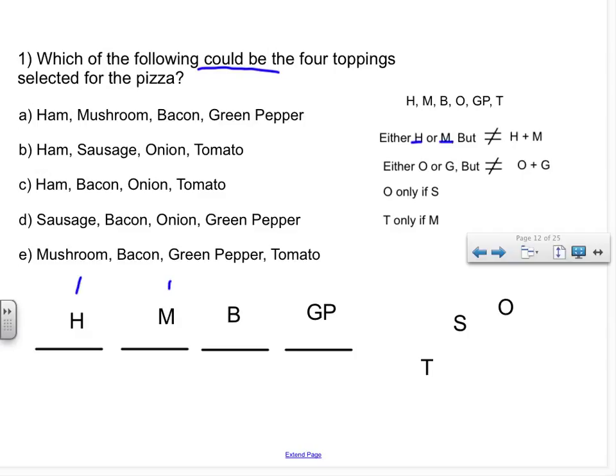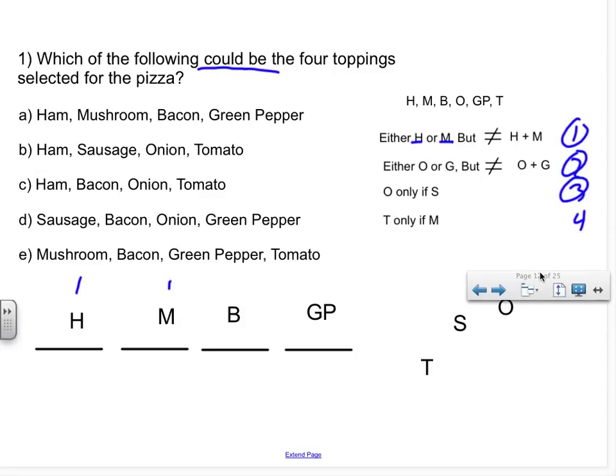So I know it breaks condition 1. This is 1, 2, 3, and 4. Let's put it over here. So I'm going to eliminate A, because this cannot be the 4 toppings selected for the pizza.